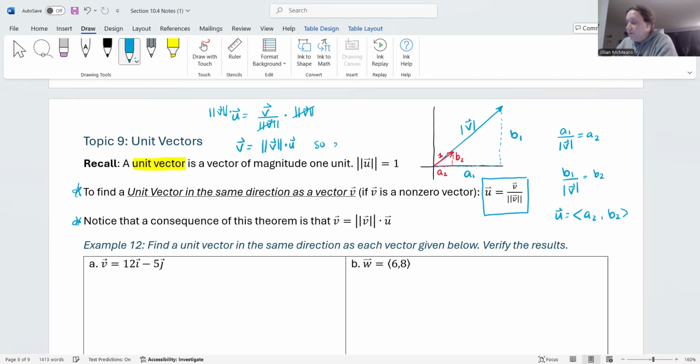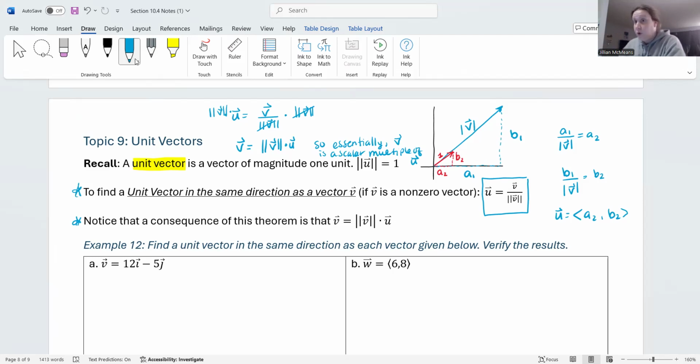Essentially, and this hopefully makes sense, v is a scalar multiple of u. That should make sense because we said we're going to make u a unit vector, meaning it has a magnitude of 1. It was some piece of the vector v to begin with.